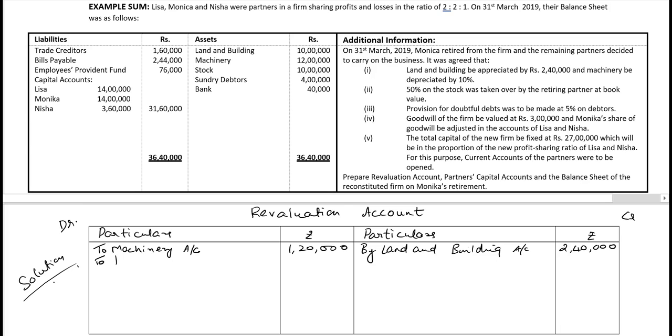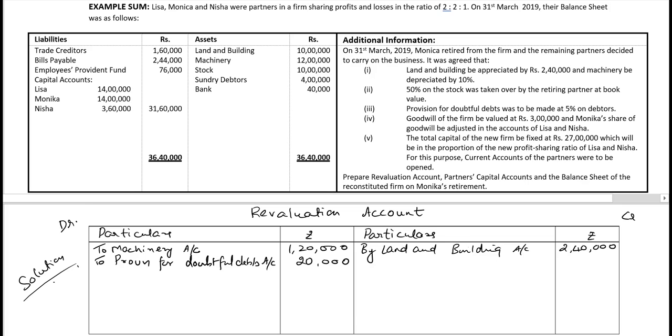So to provision for doubtful debts account, 5% on the debtors. Debtors amount is 4 lakh rupees, so 5% is 20,000 rupees. The fourth point is about the goodwill and the fifth is about the adjustment of capital.